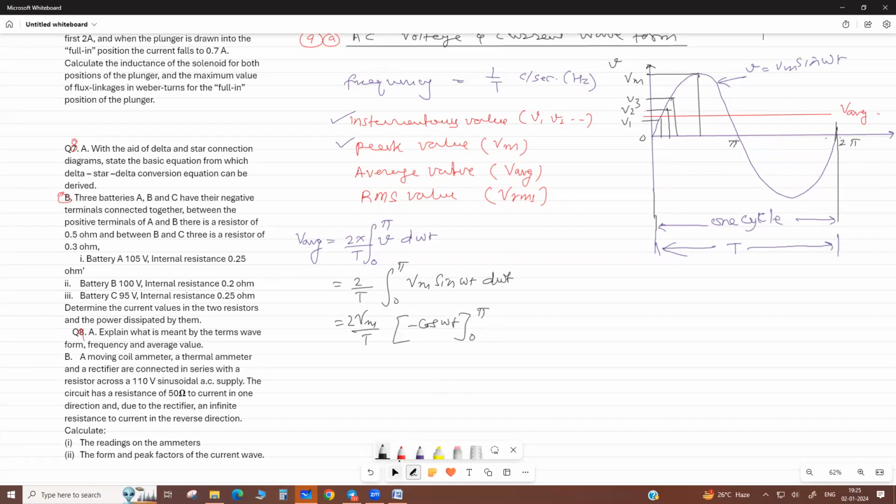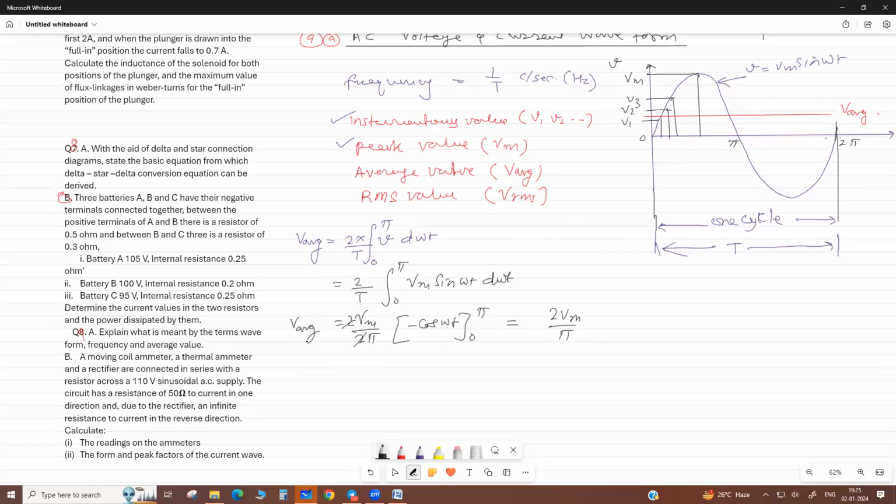And the value of T is 2 pi. Here the 2s cancel, and now you put the limits, it comes minus minus 2, sorry, it comes plus 2. So this value will become 2 Vm by pi. So what is the average value of AC? 2 Vm by pi. This is the average value for this type of sinusoidal waveform.